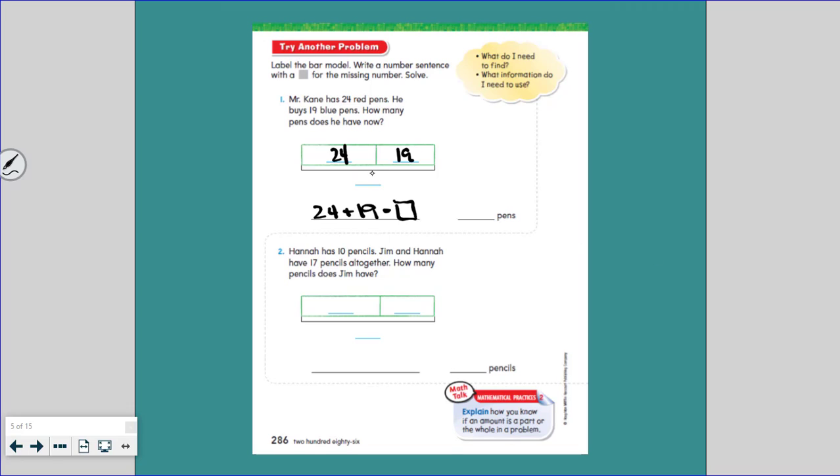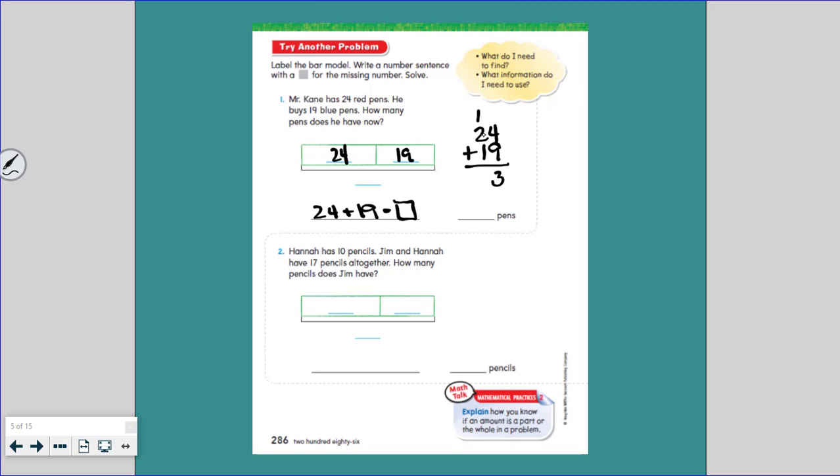That's what we're trying to solve for, this missing number. So I'm going to use this blank space over here and rewrite the problem because we've learned the strategy. So 24, because we're past having to draw a quick picture all the time, plus 19, and then my equal bar, that's the last thing I write. Okay, so 4 plus 9 is 13, so that 13 is 1 ten and 3 ones.